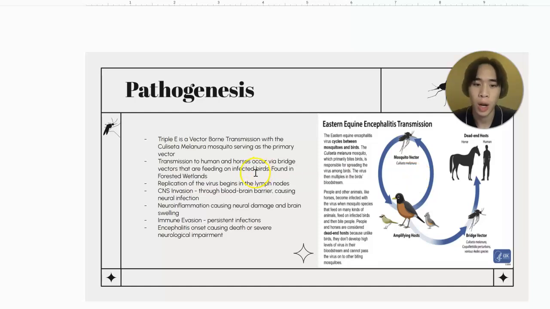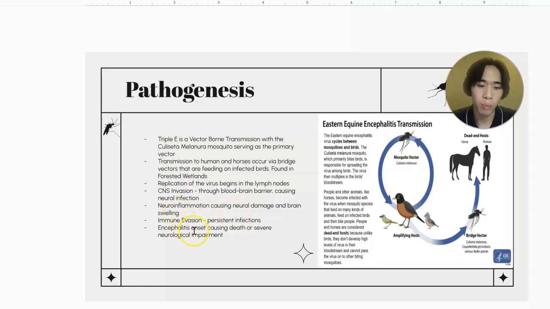And now what does it do from there? From there, it replicates the virus in the lymph nodes. It starts at the lymph nodes. The central nervous system then is invaded through the blood-brain barrier causing neural infection. And then from there in the brain, there's neuroinflammation causing neural damage and brain swelling.